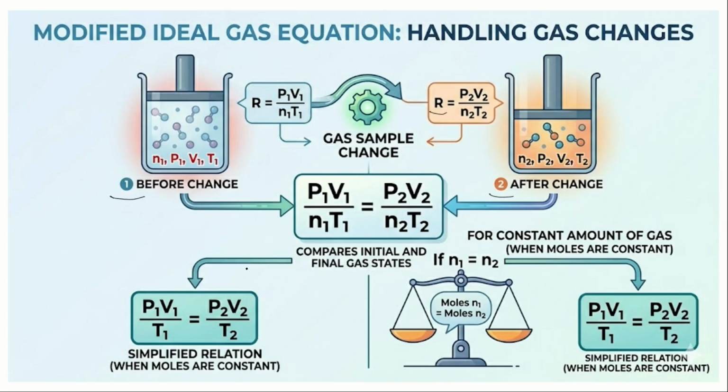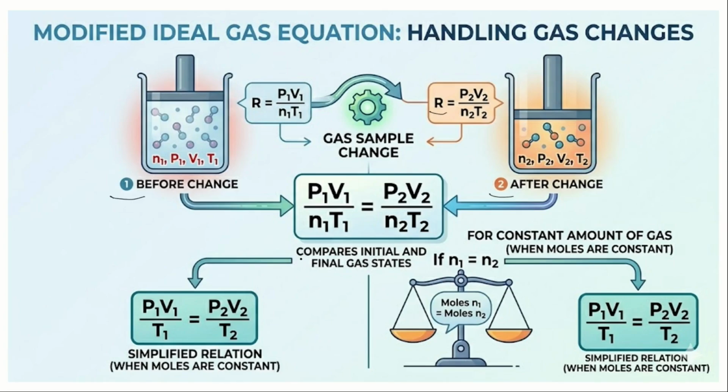Now we can set the two sides equal to each other here. Because R is constant, you can set it. This equation allows scientists and students to predict exactly how a gas will behave.